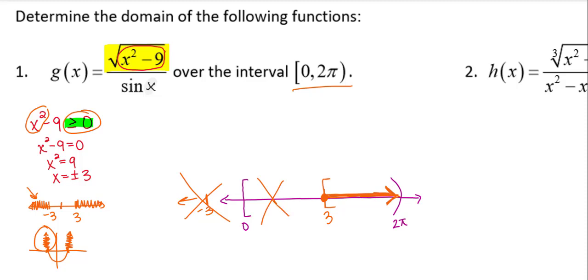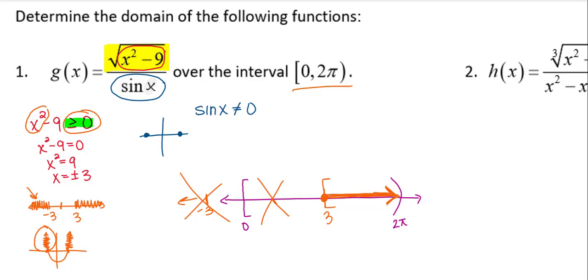And then now if I look at my denominator, sine of x, well, we can't divide by 0. So let's take a look at where the sine of x is 0. And again, on a unit circle, that would be, for example, at 0 and at pi. So you could write the statement one of two ways. Sine of x equaling 0 is really the equation that I'm trying to solve. But you're saying that sine of x cannot be 0.